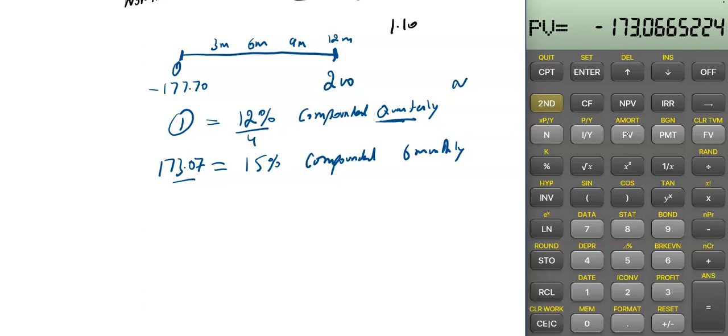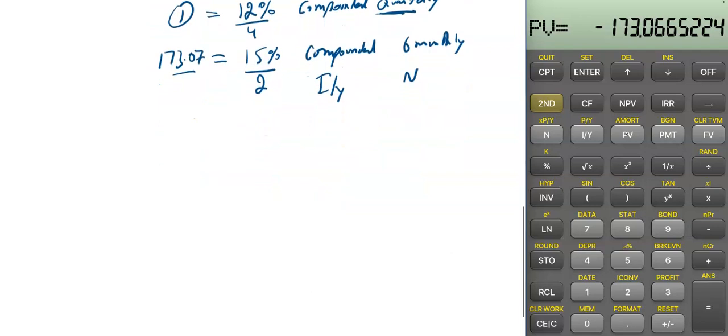If you want to calculate the present value of this 200 after a year, discounted compounded 6 monthly, this will be divided by 2 and N will be 2.